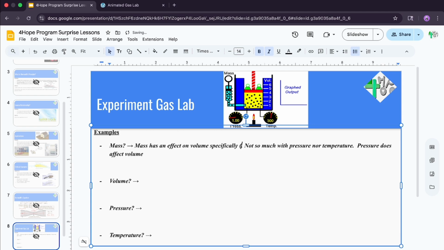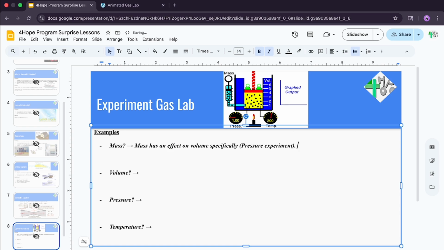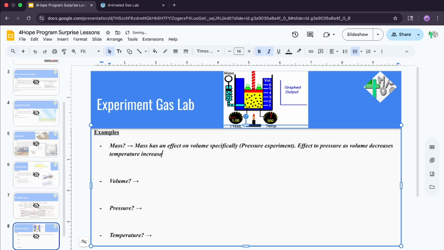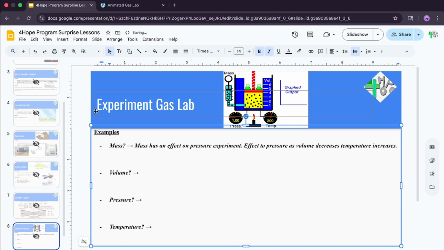This is based on the pressure experiment. There is an effect to pressure: as volume decreases, temperature increases. This is the main critical point. Sorry about that, guys. So yeah, this is a critical investigation that we see from mass.